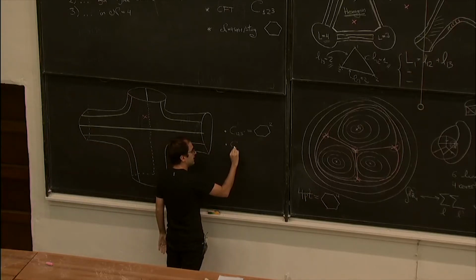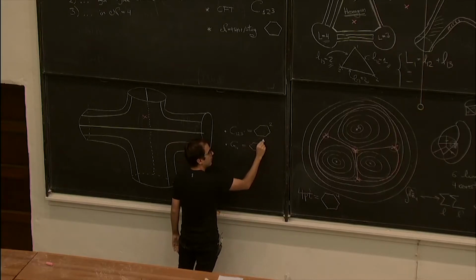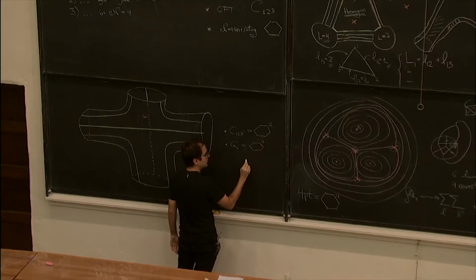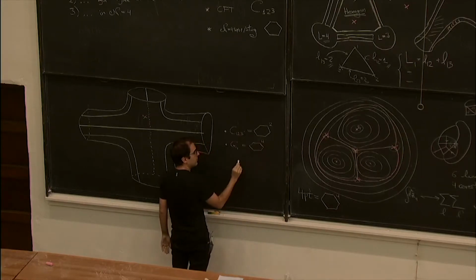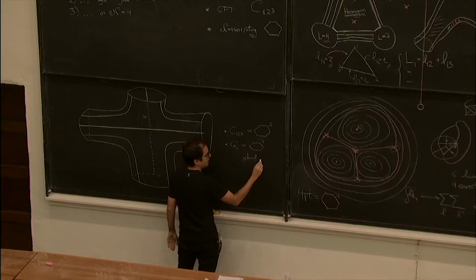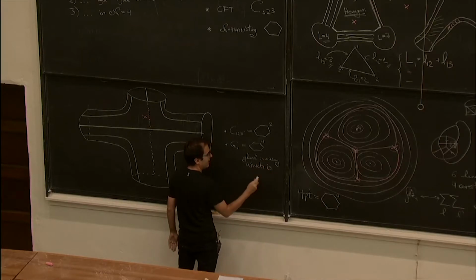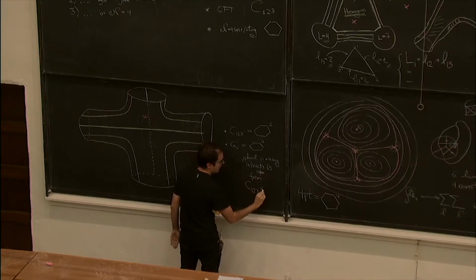And the second comment is that even the 4-point function, we obtain it by gluing together 4 hexagons, but we don't first group them into 3-point functions. I mean, I don't want to write not equal because it's equal, of course, but it is glued in a way which is different from C123 times C123.